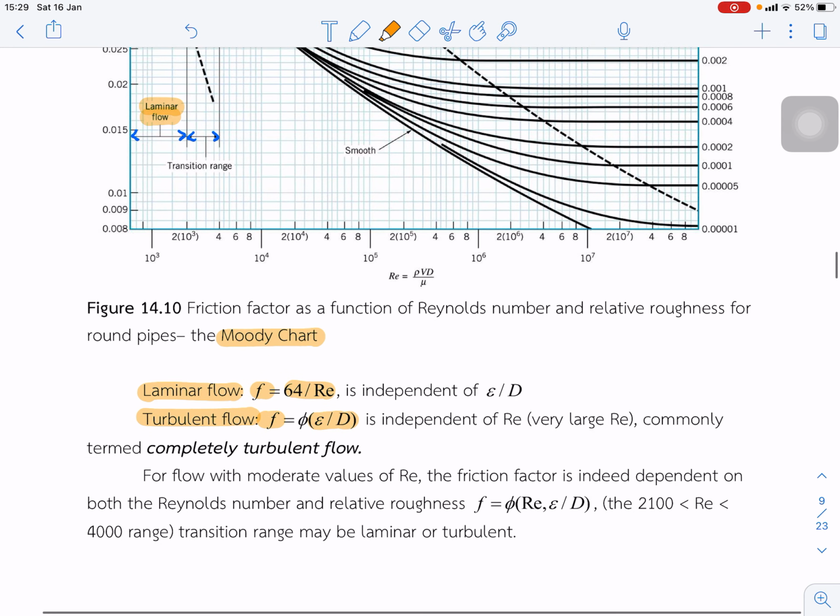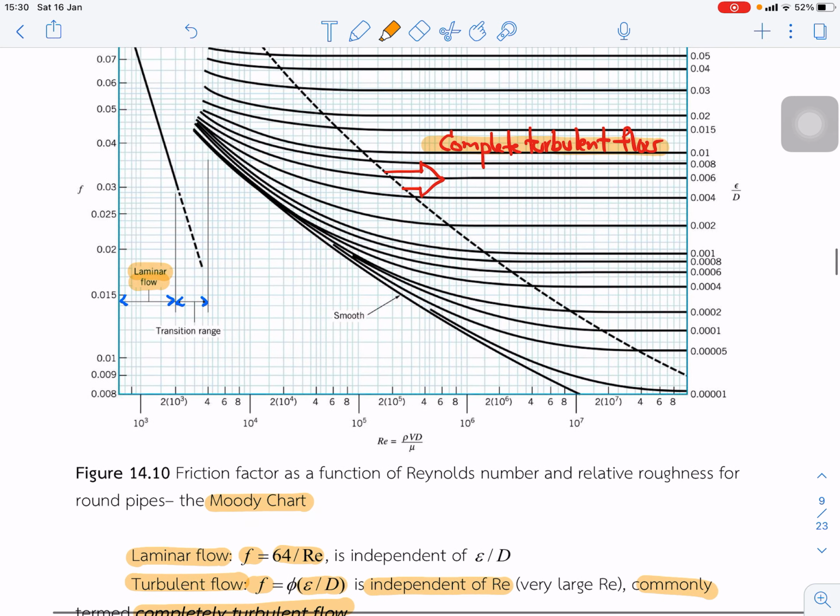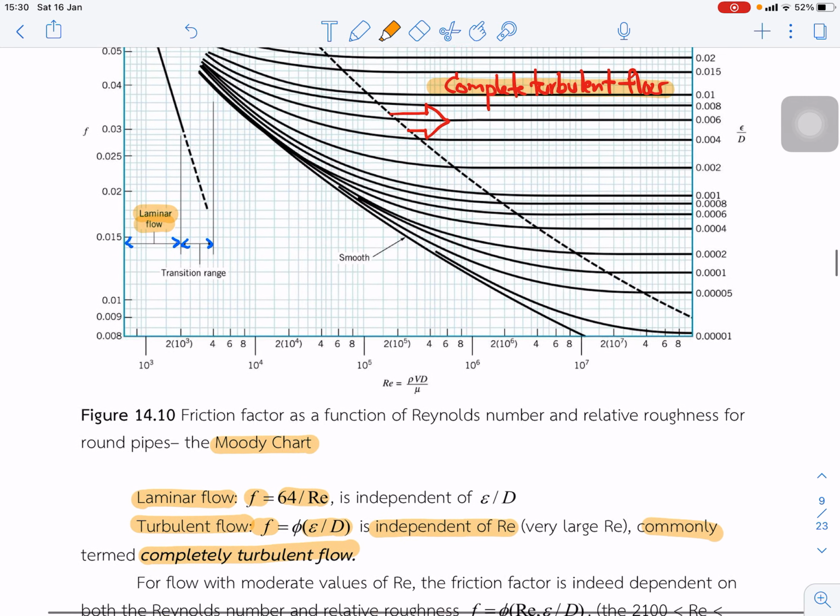In the case of this turbulent flow, the friction factor is a function of the roughness only, independent of the Reynolds number, which we call the complete turbulent flow. This part is complete turbulent flow. The friction factor is a function of roughness only, and between laminar flow and complete turbulent flow, the friction factor is a function of both roughness and Reynolds number.